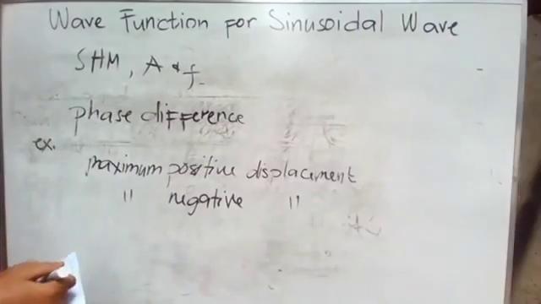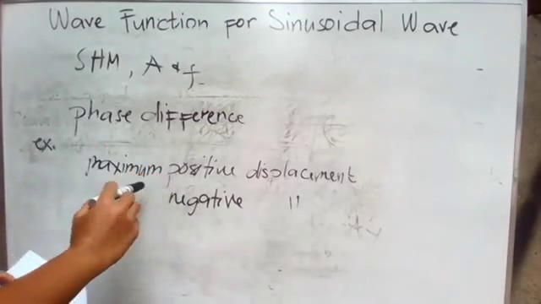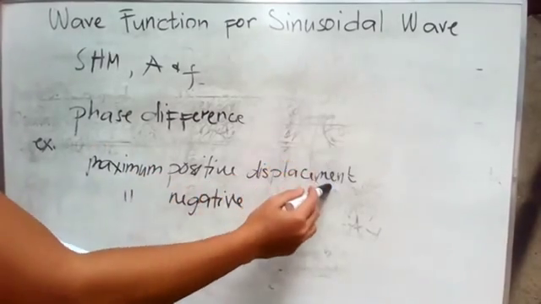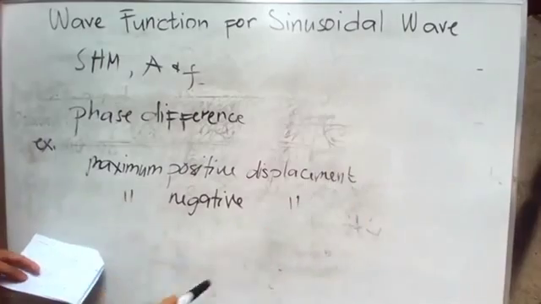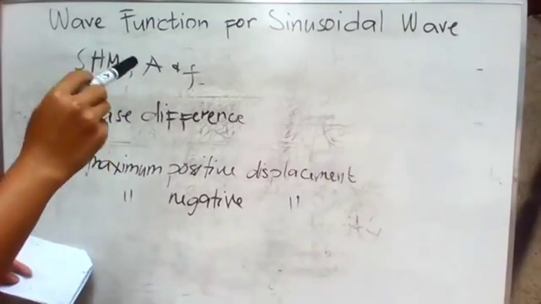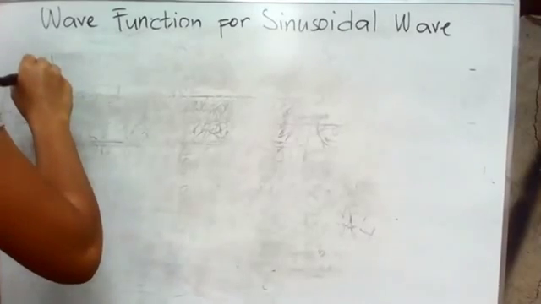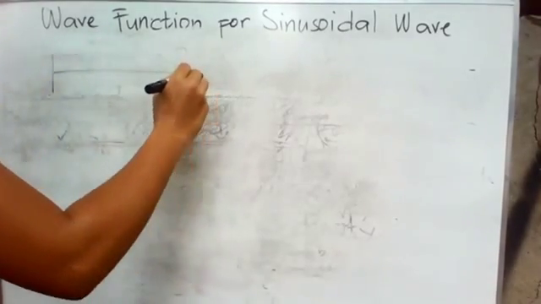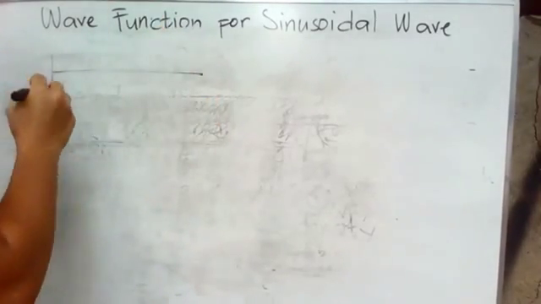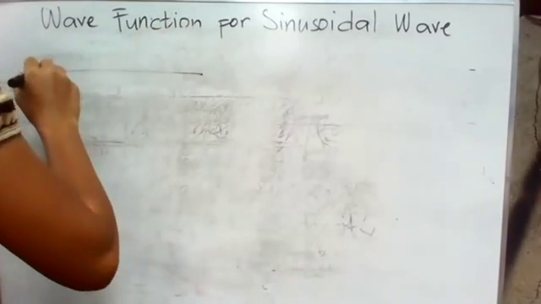For example, if one point has its maximum positive displacement, at the same time another has its maximum negative displacement.